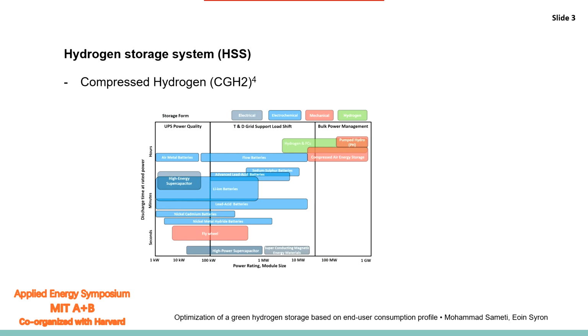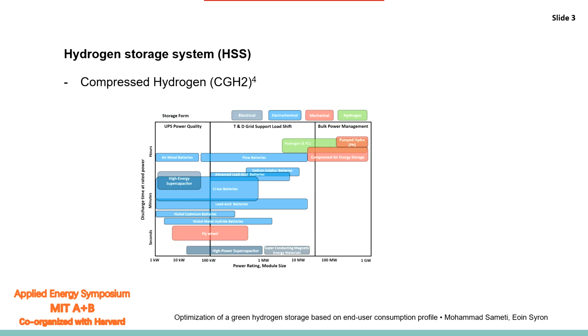The same concept applies to compressed air energy storage, which is a type of energy storage between the pumped hydro and the hydrogen in terms of the form of the storage, and also in terms of the power rating.